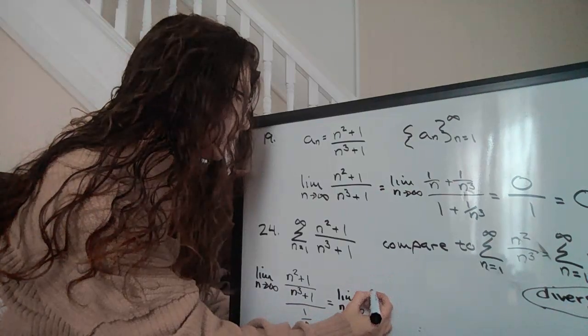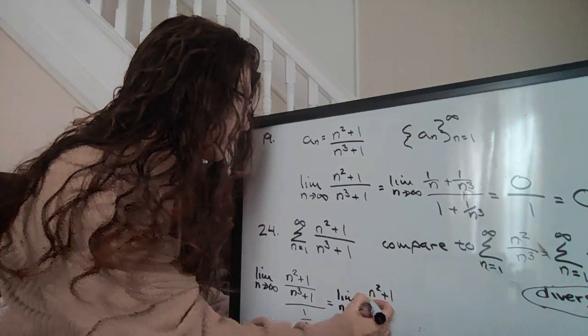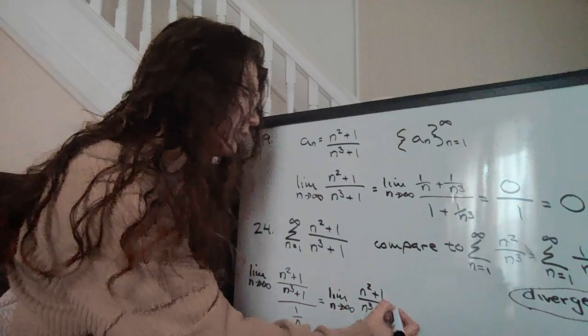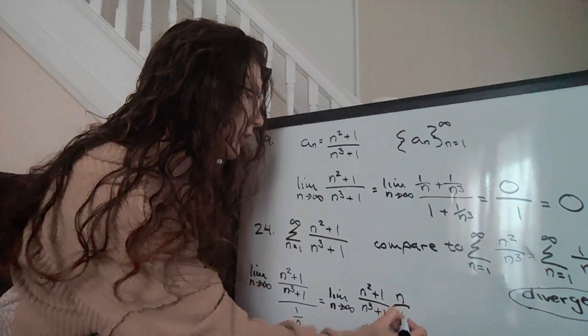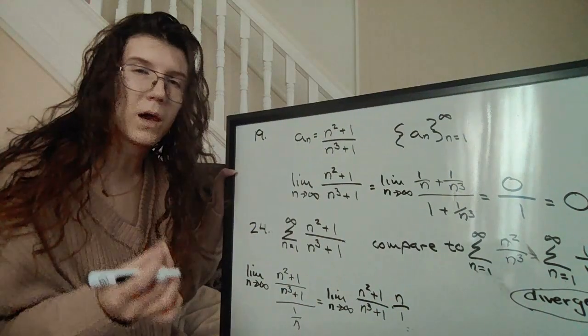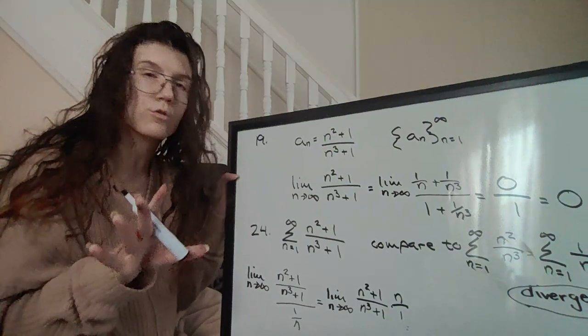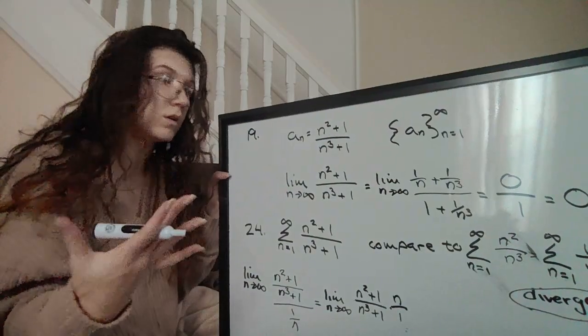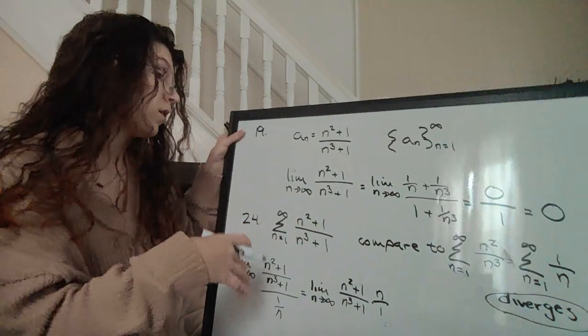I don't think it matters which one's on top and which one's on the bottom. I'm pretty confident that she did it this way in her solution. I don't think it matters, but I think just do the original divided by whichever one you're comparing it to, because that's how she did it, but I don't think it matters.